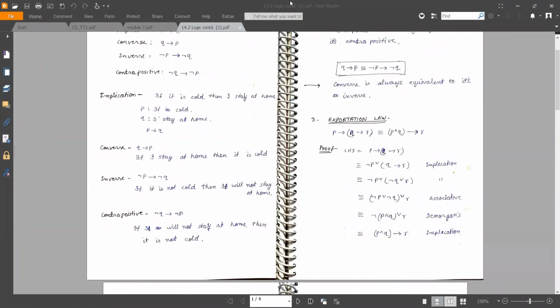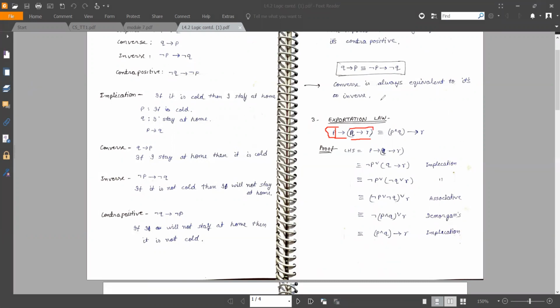the exportation law. What is the exportation law? It involves nested implications. What is a nested implication? An implication of an implication. Here we can see an implication of an already implicated expression. The first implication is Q implies R, and this whole thing is treated as the output, and we combine this with another variable P, and now we have P implies (Q implies R).